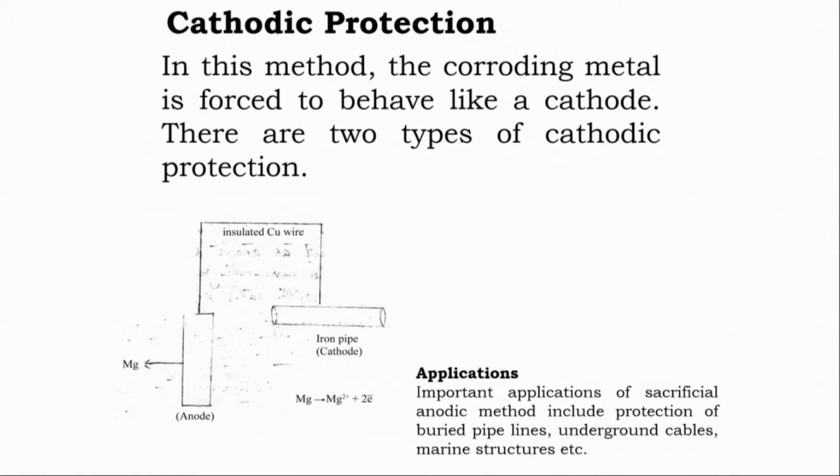The first way is by connecting it with another material which is anodic to that metal to a large extent. When you connect an anode with your component, corrosion proceeds in the anode. Anode is mainly subjected to the corrosion.